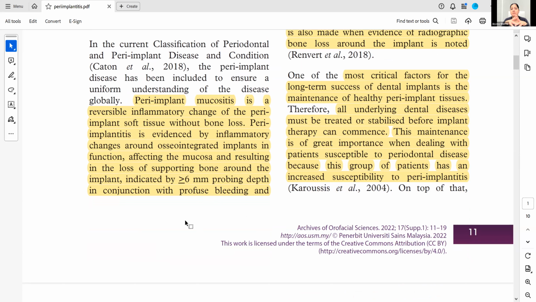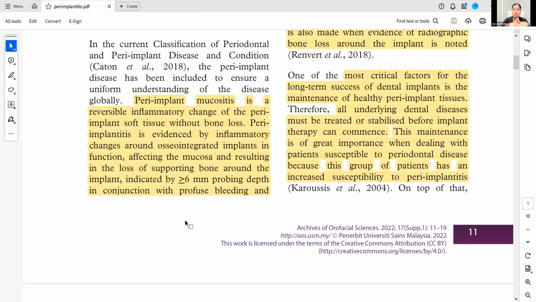Similarly, for the implant situation, a peri-implant disease classification is also given. Although it's not as diverse as you would find in your natural dentition for periodontitis, still peri-implant mucositis and peri-implantitis are the two conditions surrounding the implant.